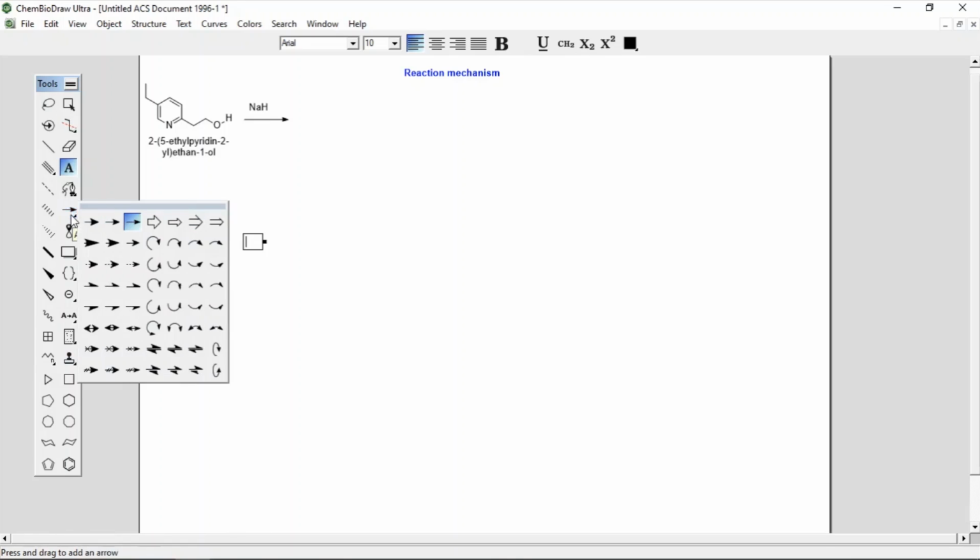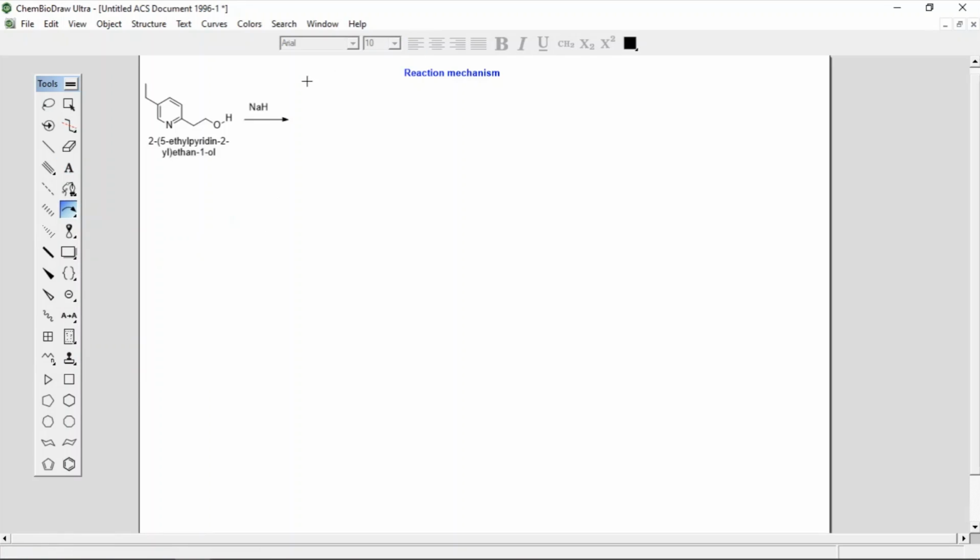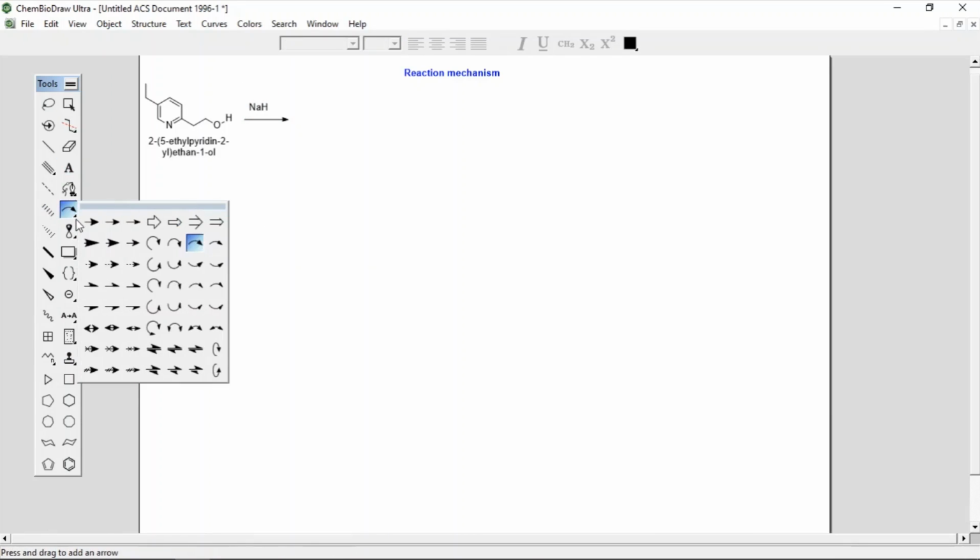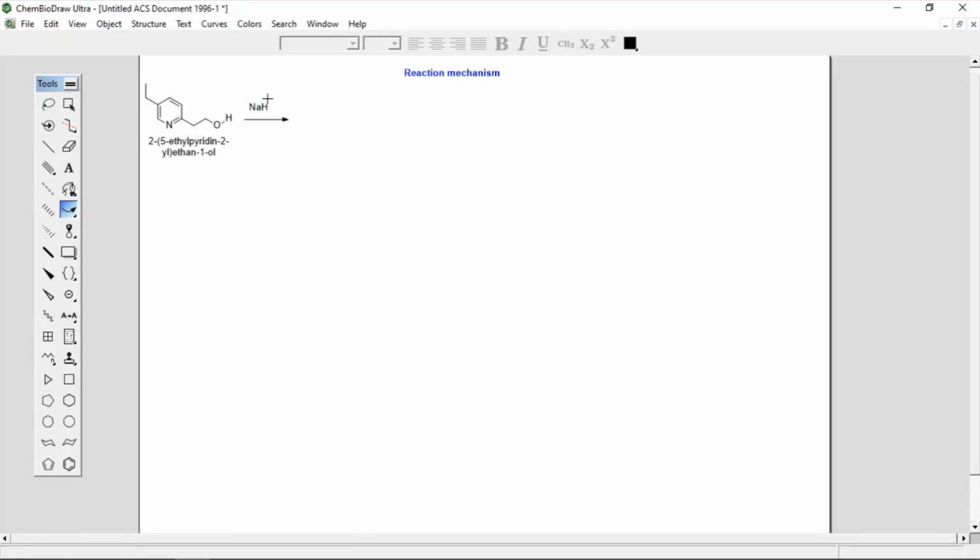So this NaH hydride takes this proton, because this NaH acts as a base, and the function of a base is that it abstracts acidic proton, and you know that the proton present on this hydroxy group is acidic.